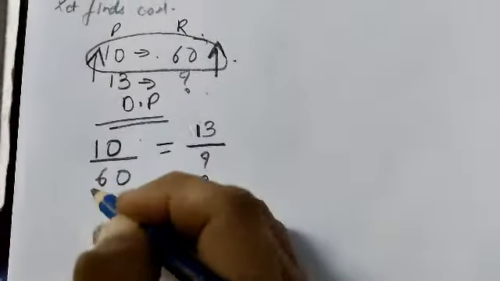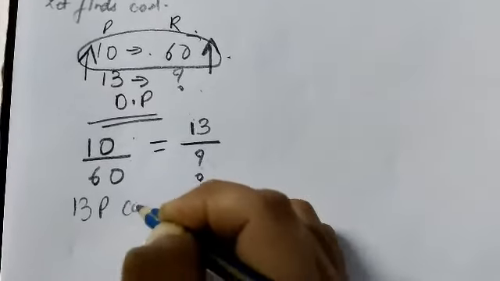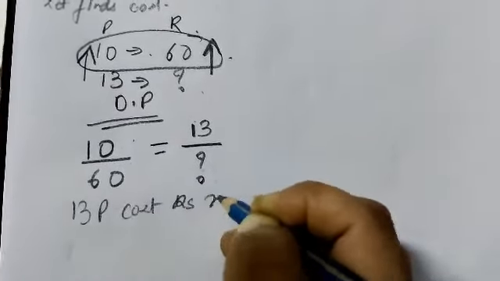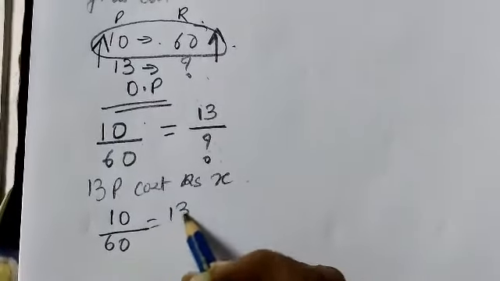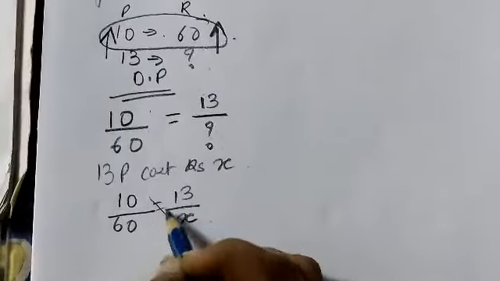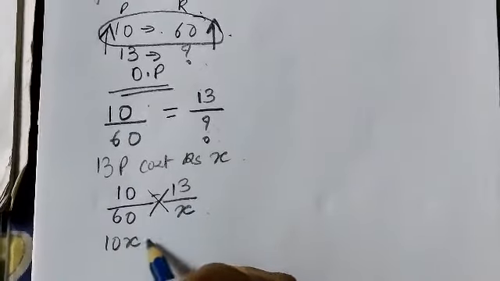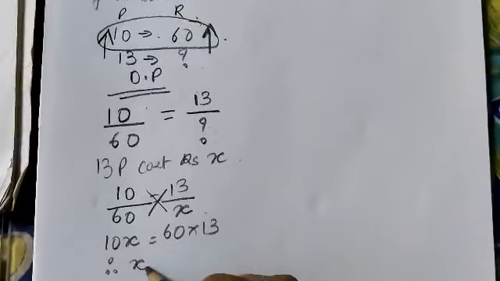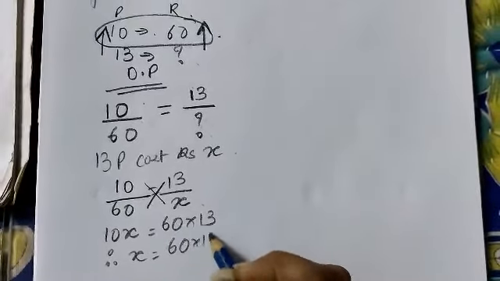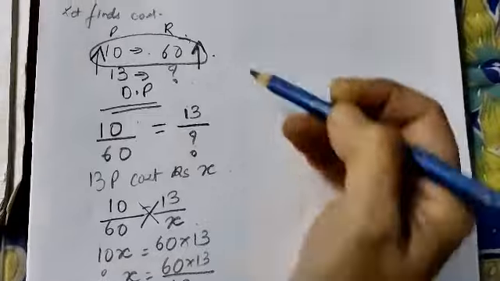So if we say 13 pens cost rupees x, we'll have 10 upon 60 is equal to 13 upon x, and when we cross multiply we get 10x is equal to 13 into 60. Therefore x is equal to 13 into 60 upon 10.